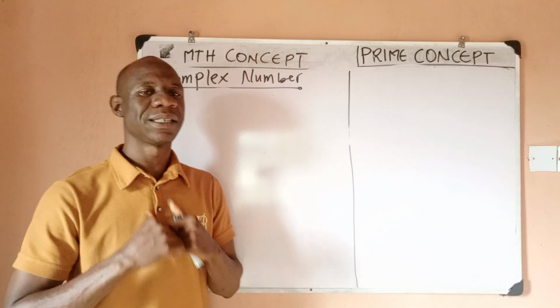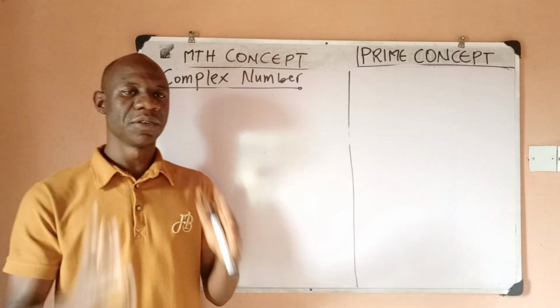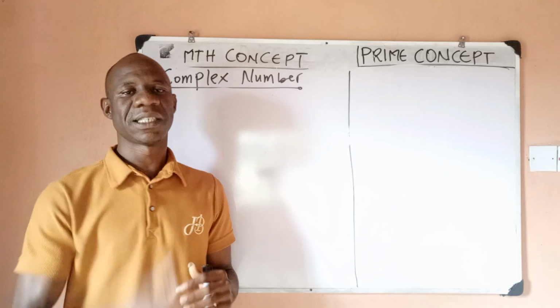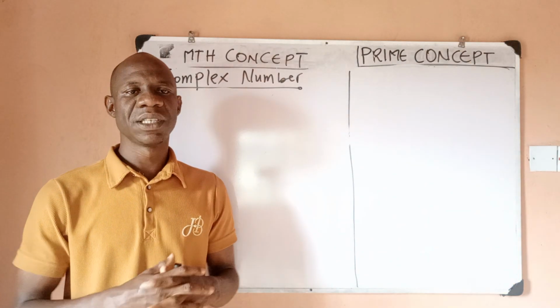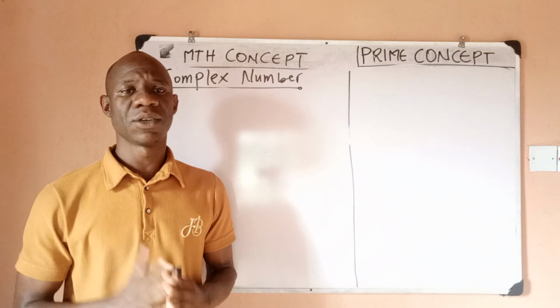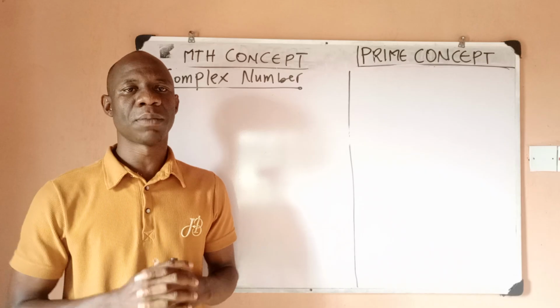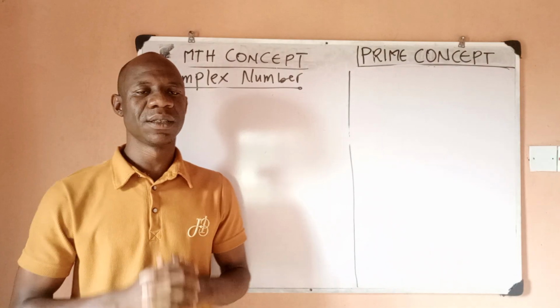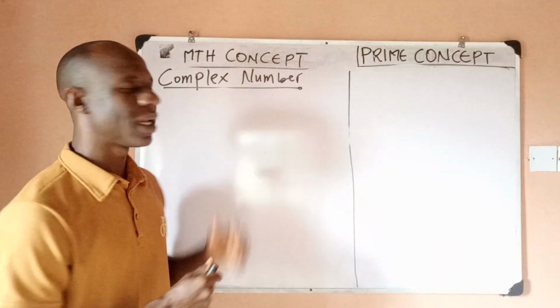So complex number is the biggest among the families of number. That is the first thing I want to establish, which means that every number you can think of is actually a complex number. But let's begin with the knowledge of complex numbers.